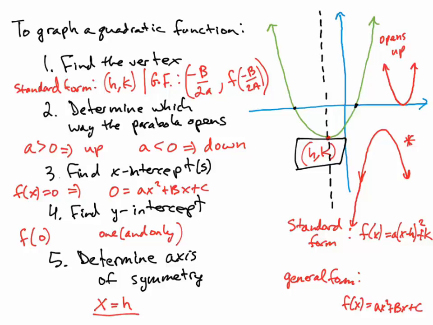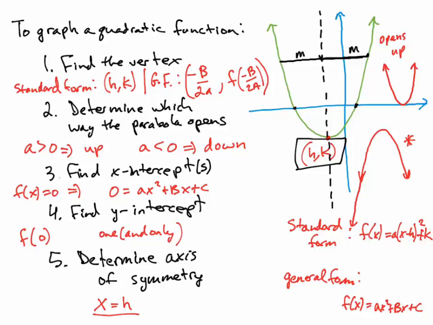Now it's useful to find the axis of symmetry, because if we pick a point on this green parabola, let's pick this point, this distance right here, how about we call that distance m? So that distance from the axis of symmetry rightward to the parabola is going to be the exact same distance if we look here on the left side.